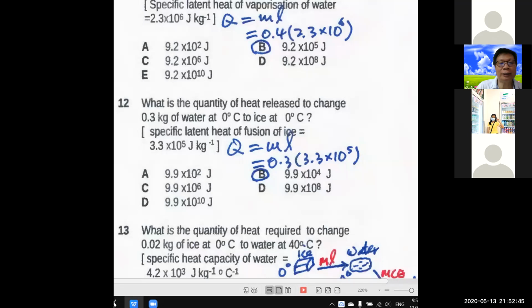How many stages are involved in your diagram? Lau Quan Xuan, are you there? Chan Yuan Yi, how many stages?